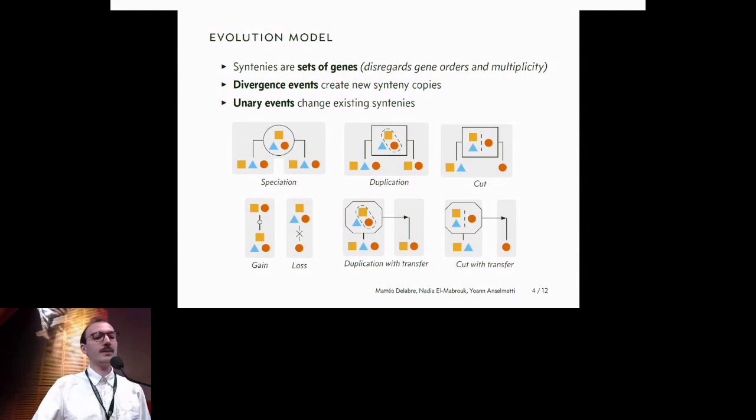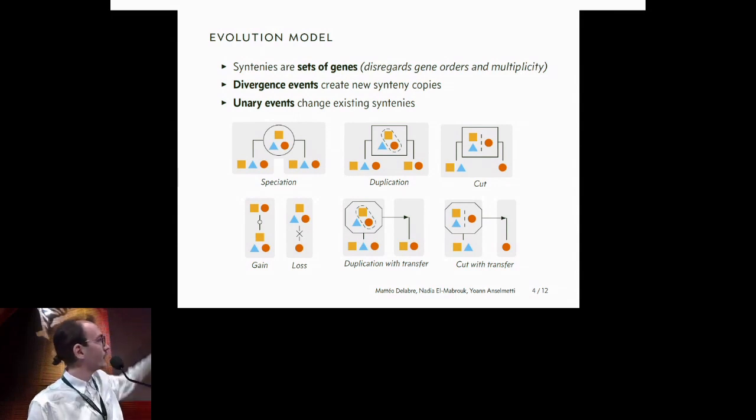Having said that, we specify 7 types of events, which are in 2 main categories. There are divergence events, which create new copies of synthenies. The most basic one being speciations, where the synteny simply follows the speciation of its host.